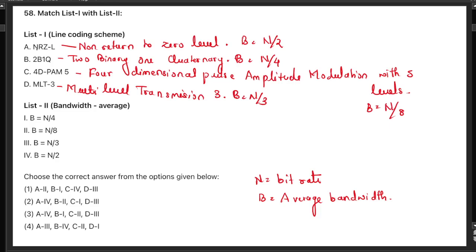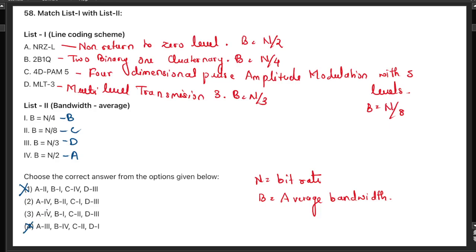A is matching to 4th. B is matching to N by 4, which is first. And here N by 8 is matching to C. N by 3 is matching to D. So A here is not matching to second. This is wrong. Here A is not matching to 3. This is also wrong. A is matching to 4th, which has two options, 2 and 3.